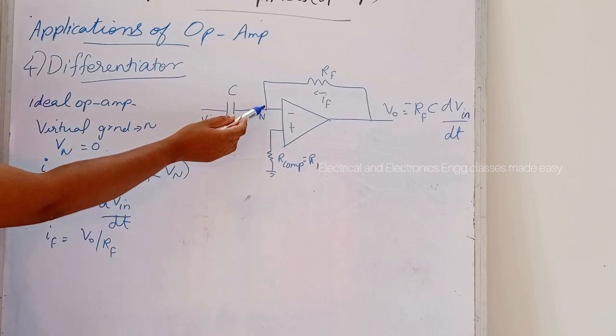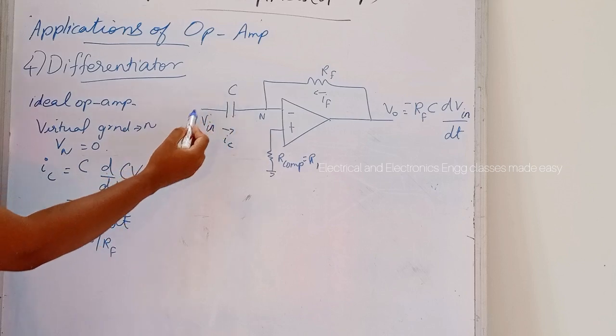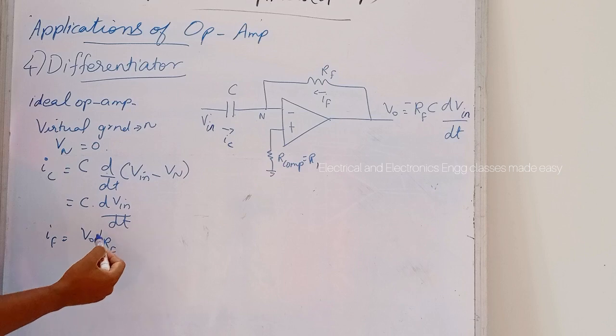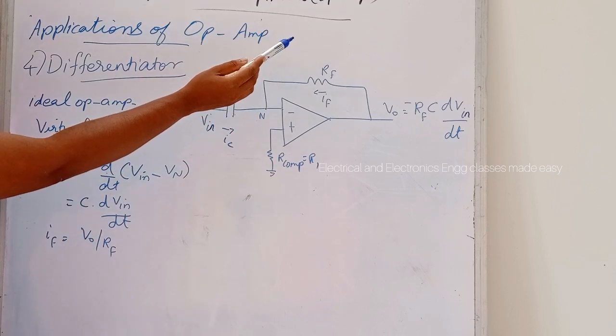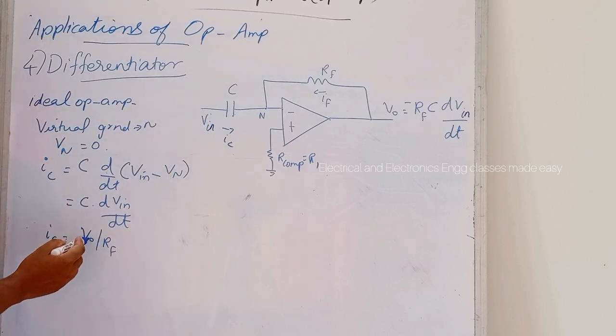So this is at a ground potential, and the current through the capacitor is C into dVin divided by dt, and the current through the feedback resistor is V0 divided by RF.